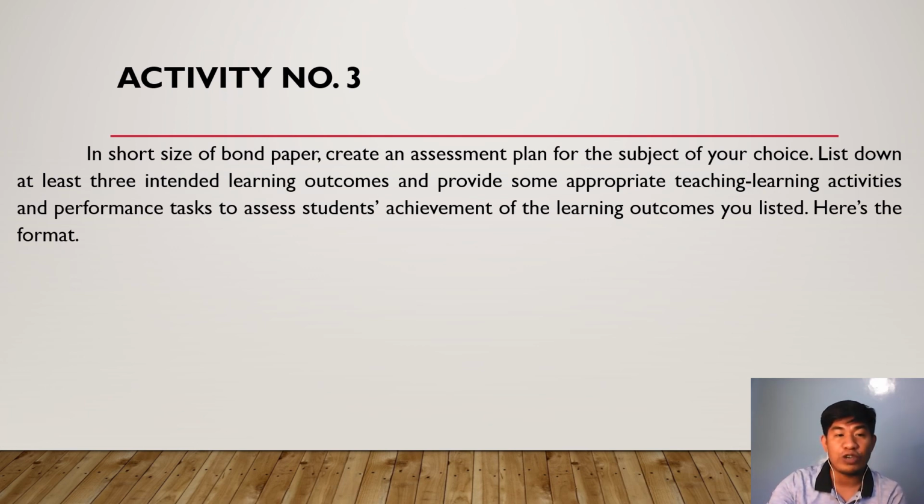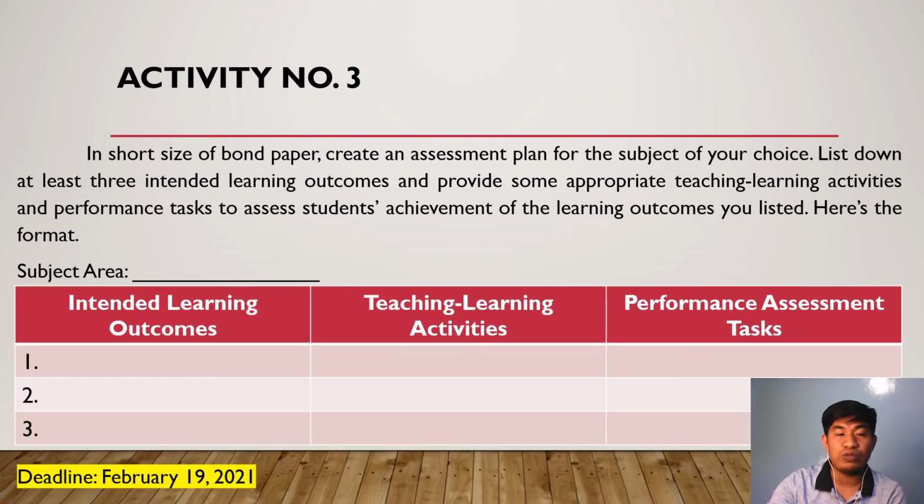Here is the format. And do not forget also to put the subject area. The deadline is on February 19, 2021. So for the intended learning outcomes, you may refer to the curriculum guide of DepEd, and that is downloadable.